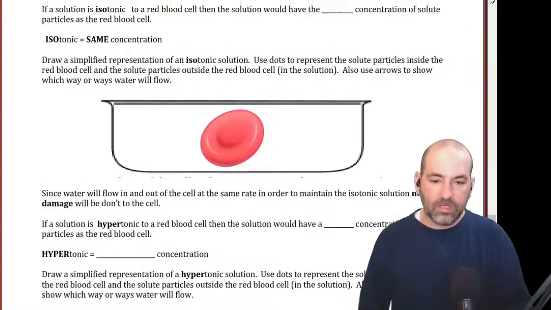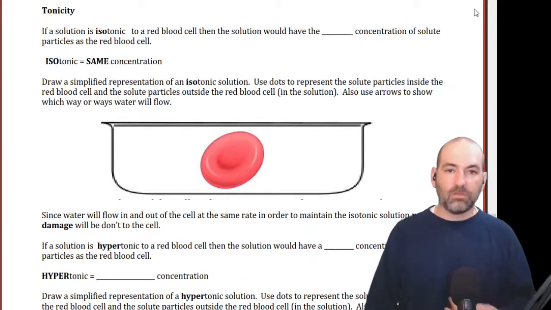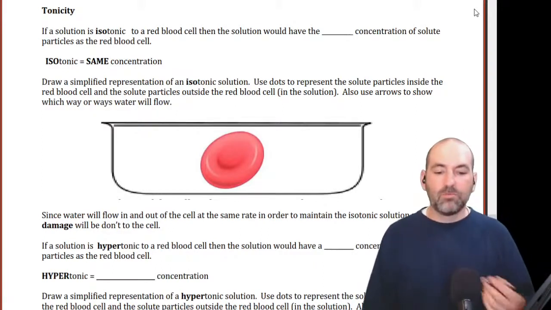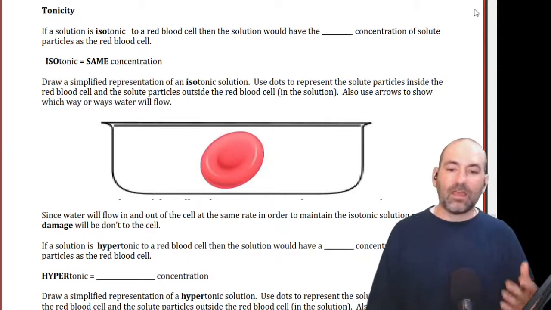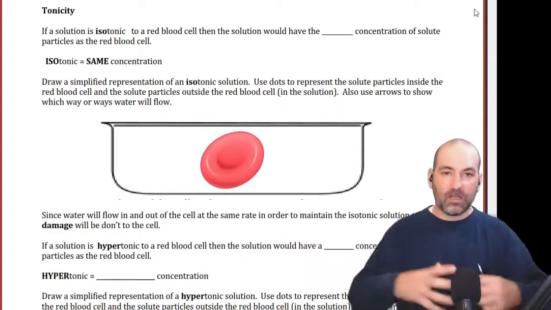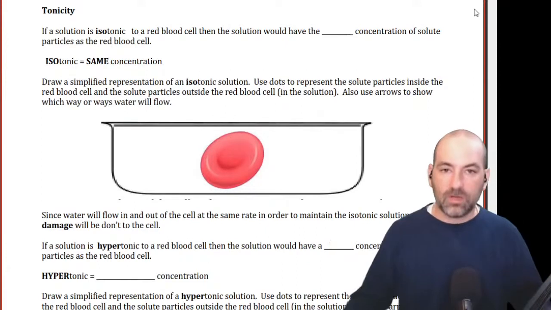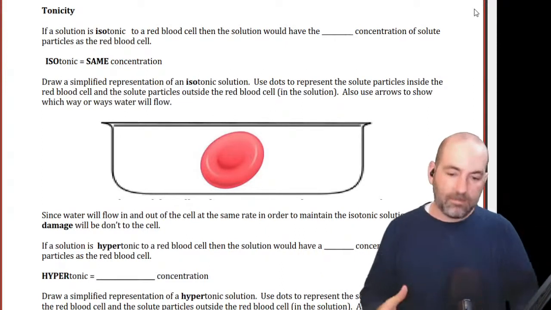So when we look at a blood cell, we need the solution around the blood cell, so the blood, to be the same ionic and solute concentration as inside the cell, because otherwise water is going to move either into the cell, which is not good because it could swell and burst, or water could move out of the cell, which is also not good because it could shrivel up and die.